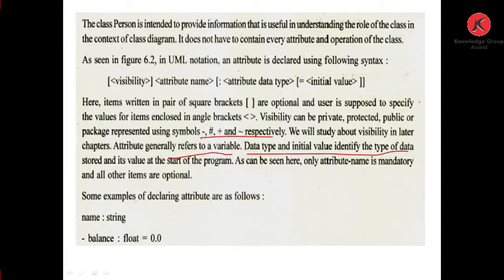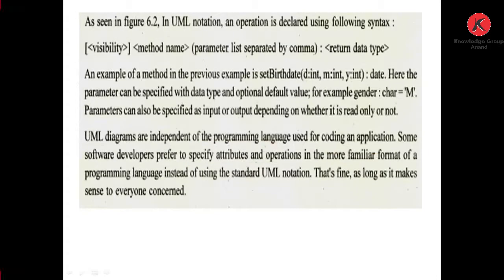Some examples of declaring an attribute: you can see here name colon string, and balance float equal to 0.0. Here balance is the name of the attribute, float is its data type and 0.0 is its initial value, and dash indicates visibility.